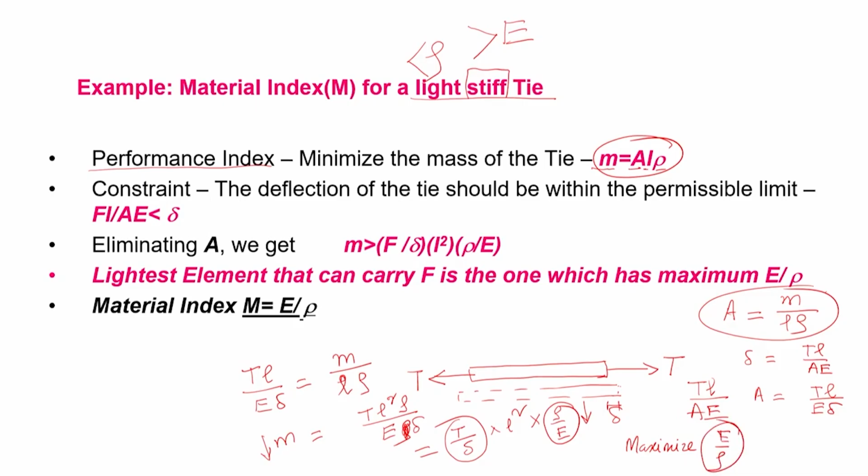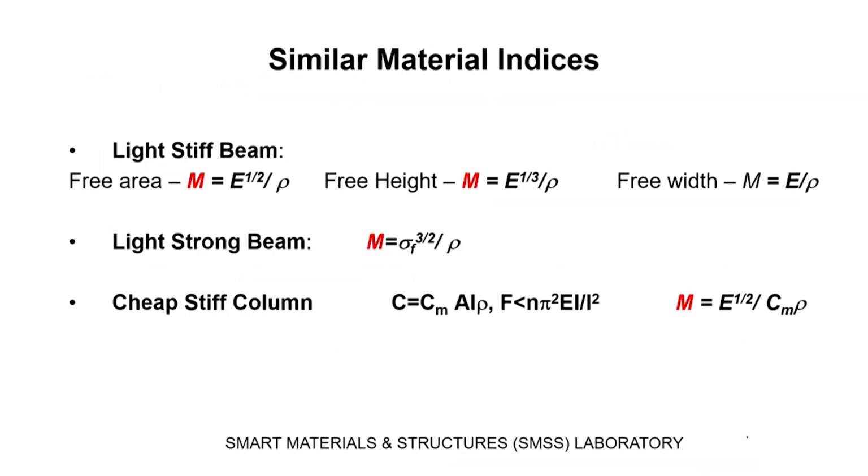So, this example tells us how to figure out what will be the material property index. In this case, it is M is E over rho. Now, this provided you consider area as the free variable. Okay. Now, for a beam which can actually take bending moment, not a tie, this would become square root of E by rho.